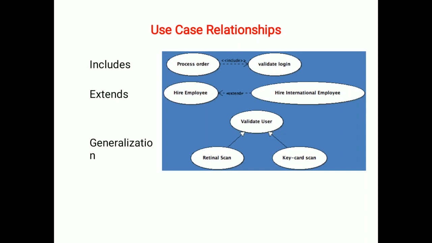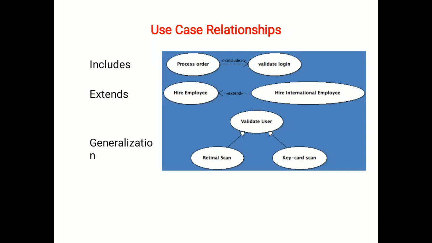This kind of relationship is known as extend. I'll give a simple example. When you pay fees, automatically a receipt will be generated. So pay fee is one use case and generate receipt is another use case. From the first use case, pay fees, a dotted arrow is pointing to generate receipt. This is called extend.